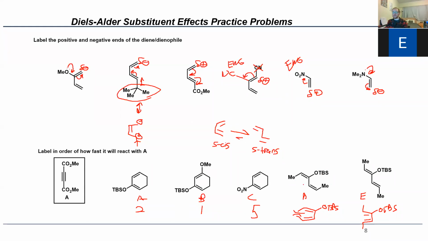And so it's harder for D to adopt this orientation required for reactivity. So it's going to be slower than E, who can more easily adopt that configuration. And so E will be 3 and D will be 4. Any questions on this?